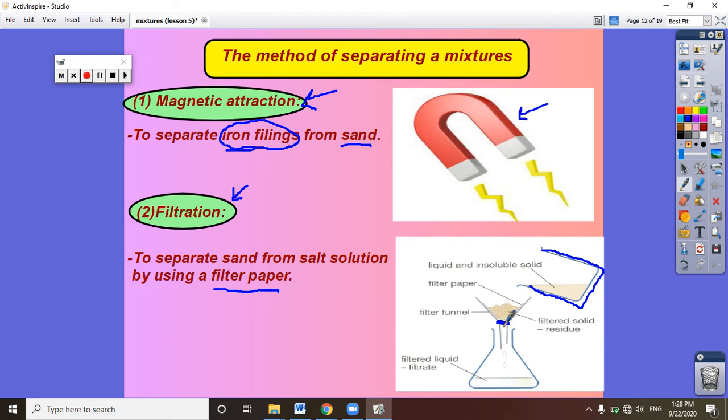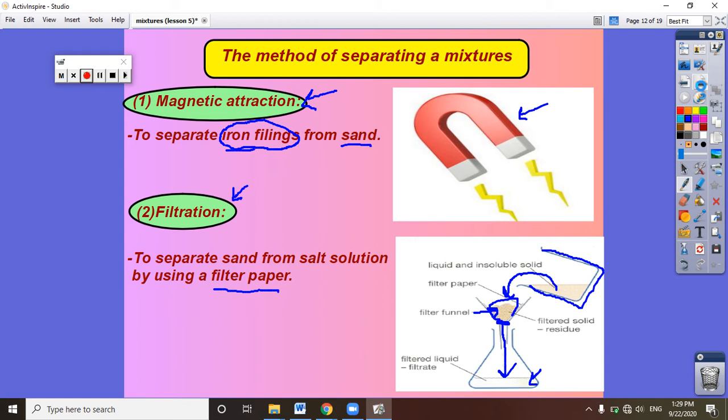Here we put the filter paper, and we put the sand and water mixture in. What will happen? The water will pass through the filter paper, and the sand cannot pass through the filter paper and stays here. So that's the sand and that's the water. By the filtration process, using filter paper, we can separate sand from water.